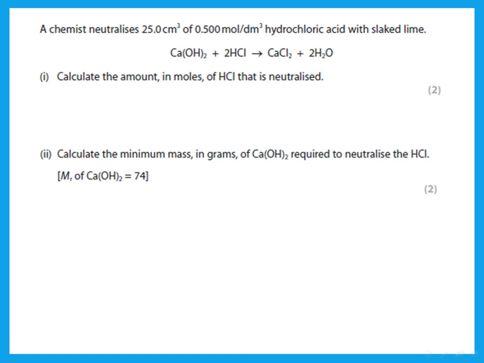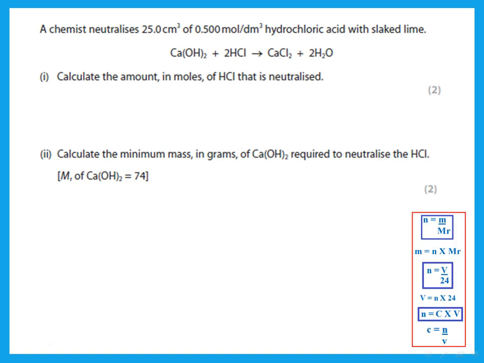A chemist neutralizes 25 centimeter cubed of 0.5 mole per decimeter cubed HCl. Calculate the amount in moles of HCl. So what was the number of moles of HCl? What does he give me? He gives me volume and concentration. So number of moles is concentration times volume. And then he's saying calculate the mass of calcium hydroxide.